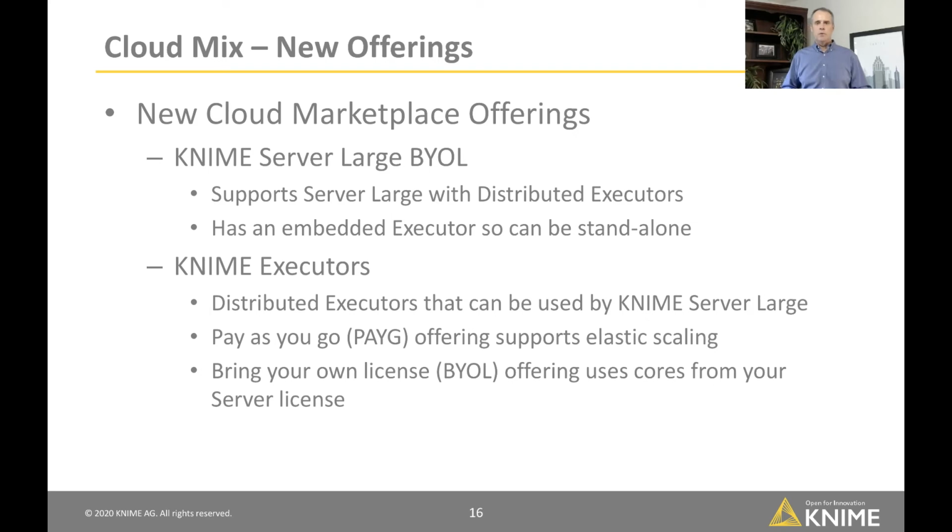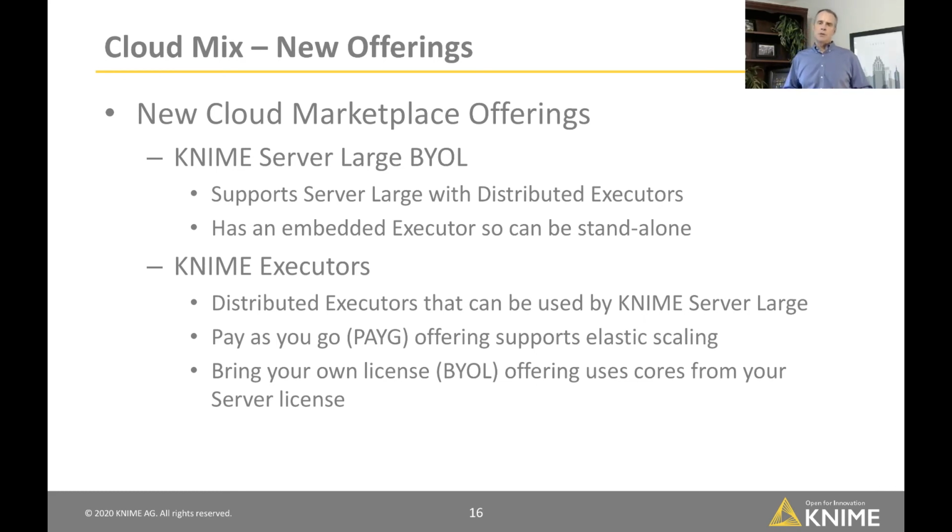The second offering will be Knime Executors. These will be distributed executors that can be used by Knime Server Large. So once you start Server Large in the cloud, you can also start a group of executors and have the two work together. You can do this in two different ways. One is through pay-as-you-go, which is PAYG, that offers support for elastic scaling.